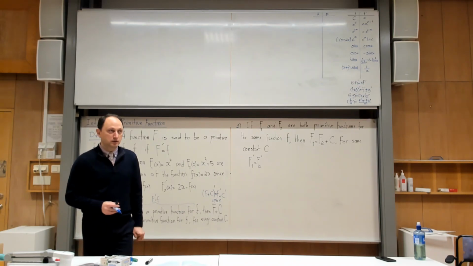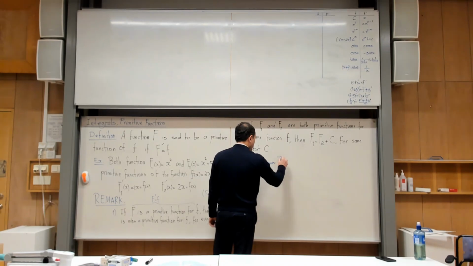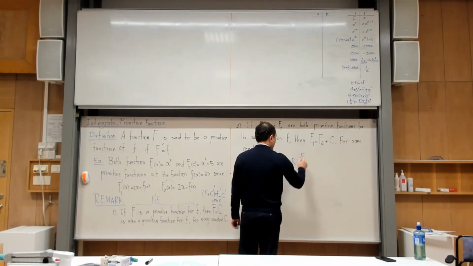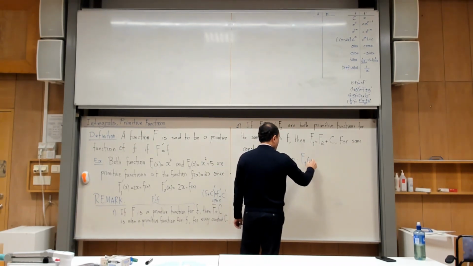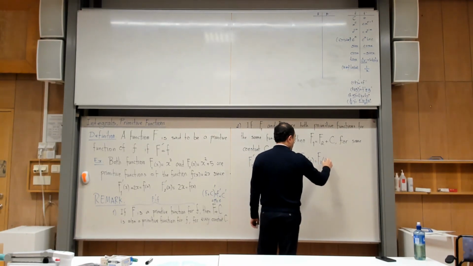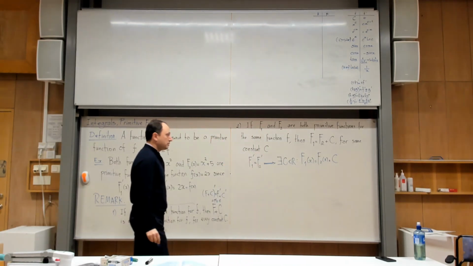Is that understandable? So this means that there exists a c in R such that one of them, for example, this is equal to the other one plus that constant. That is the meaning. I am not talking about the proof.